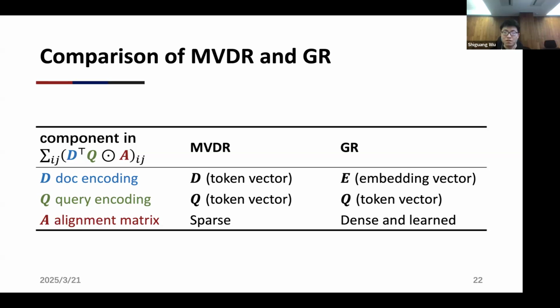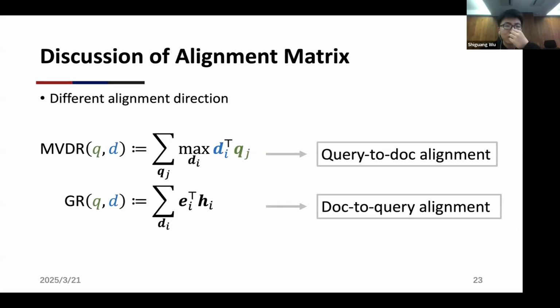So GR uses a very simple form of the document, but it does a very heavy computation during online inference.